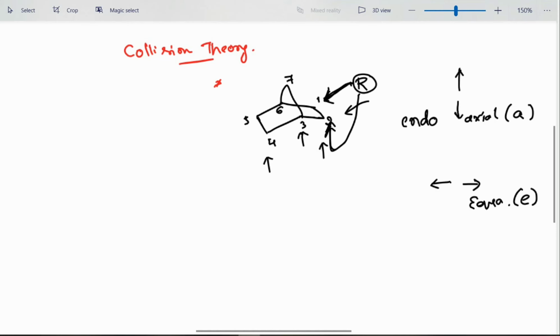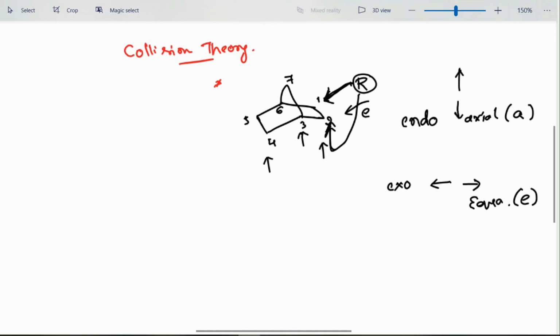That is nothing but the equatorial attack. So exo attacks are usually equatorial attacks, whereas endo attacks are axial attacks. Okay, so these are the two different types of attacks usually observed when a reagent attacks a substrate, endo or exo, or you can also call them axial or equatorial attacks.